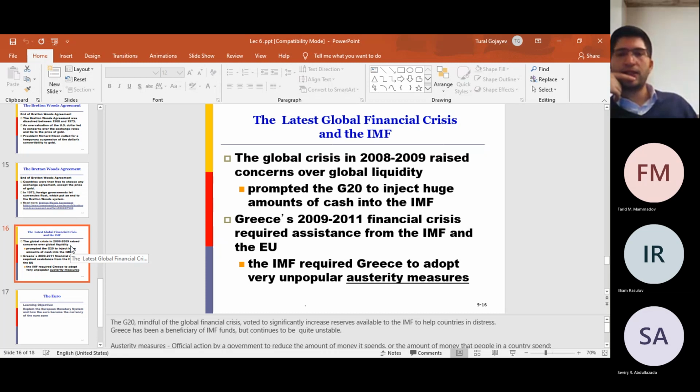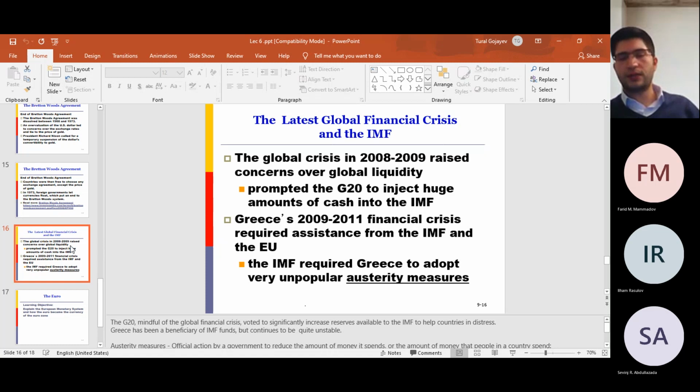It forced the G20 countries, these are 19 countries plus the European Union, to inject huge amounts of cash into the IMF in order to solve this global liquidity problem and also to support the countries in recession. By the way, Turkey is also part of the G20, but Azerbaijan, of course, is not.